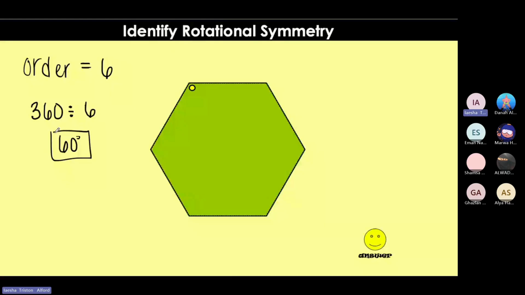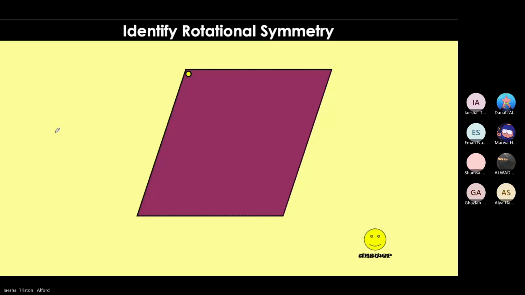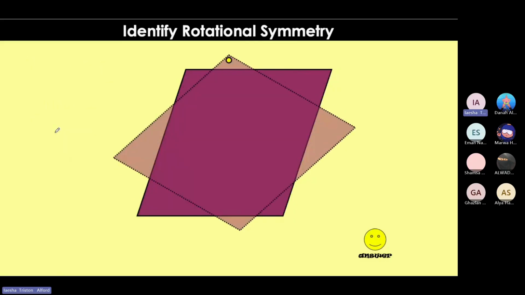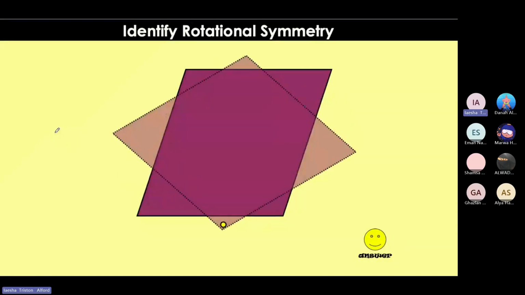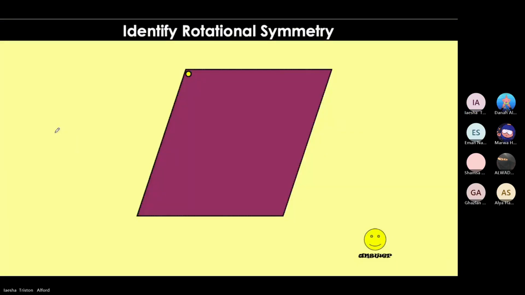This one, how many turns? What's the order? That's 1, that's 2. This is a diamond shape. It can't be 4 because I cannot pause it for you to see it clearly. It's not gonna line up, but only 2 times. Watch it again.